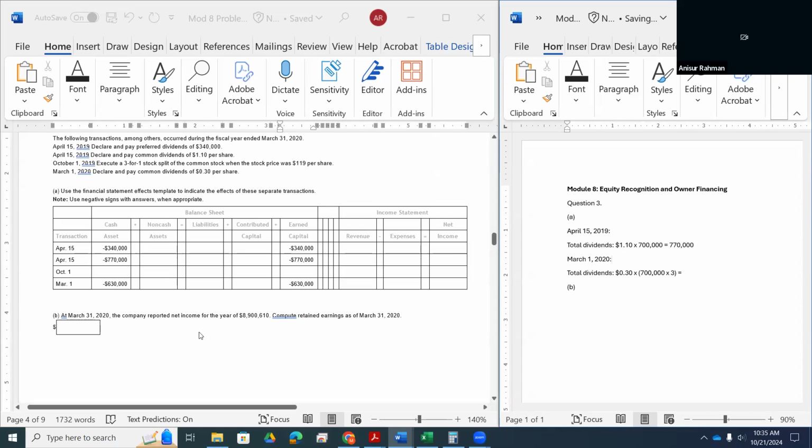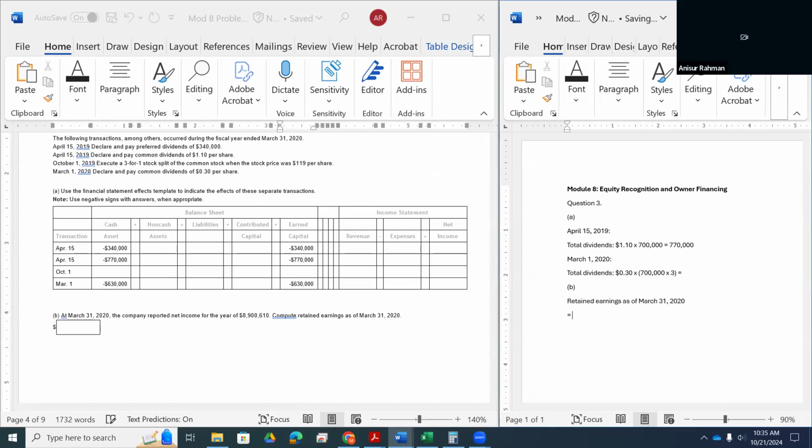So for part B, we have to find out retained earnings as of March 31, 2020.